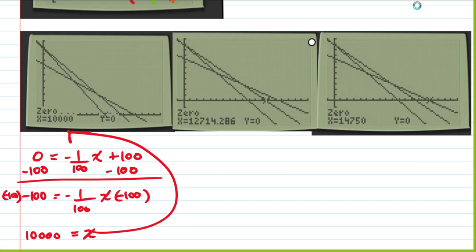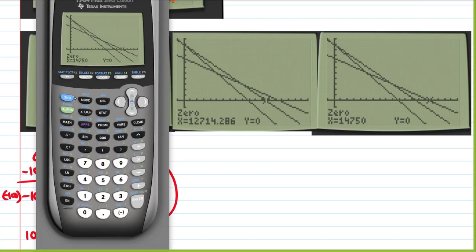So if we go back to our calculator and we go second table, and we want to look at it, right now our table's not very usable because our x is counting in ones, which isn't very helpful. So you'll notice that on the bottom it says, press plus for delta table. If we press our plus key, we can then change what our x's are going to change by.